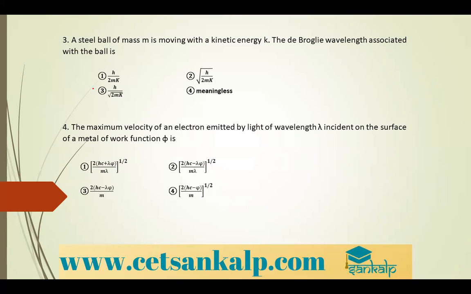So directly you can write, we have already studied, h divided by root of 2mK. Now they are asking about the velocity. The maximum velocity of an electron emitted by light of wavelength lambda incident on the surface of a metal of work function is.